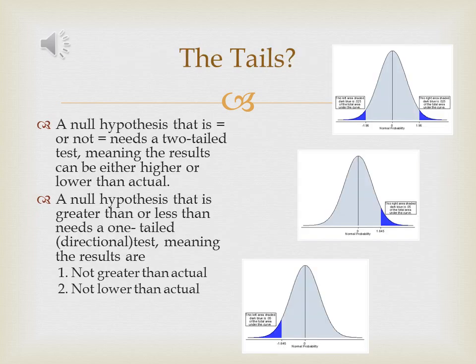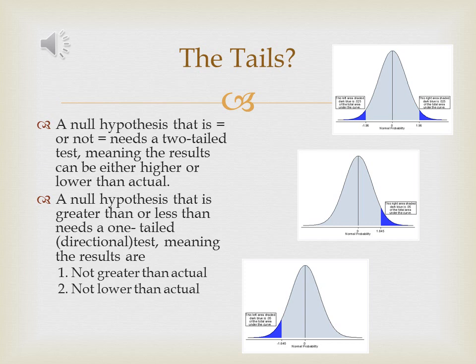Okay, so now we've been talking about these tails. What's up with these tails things? Let me help you understand that. Remember, we're talking about sample measures. And we're trying to determine, is the measure that I got from the sample a good enough estimate of what's really happening in the population?